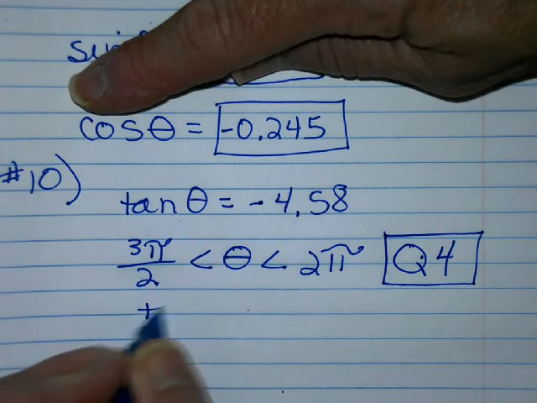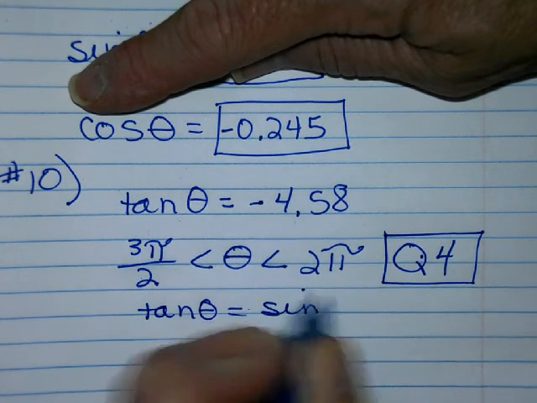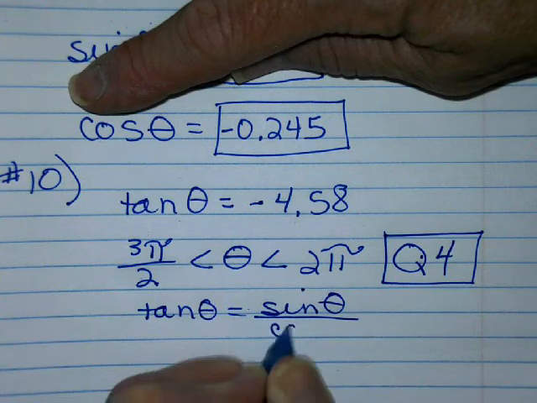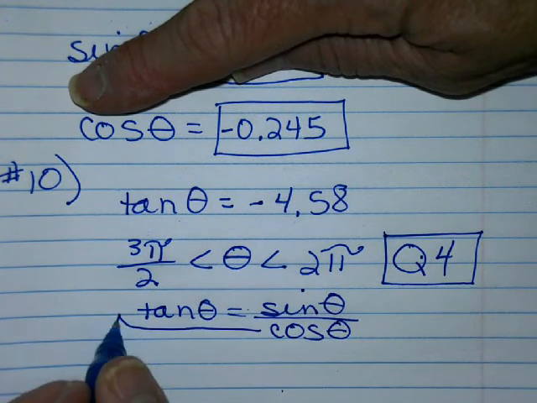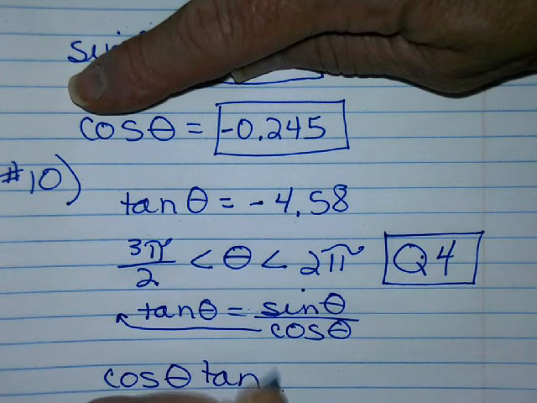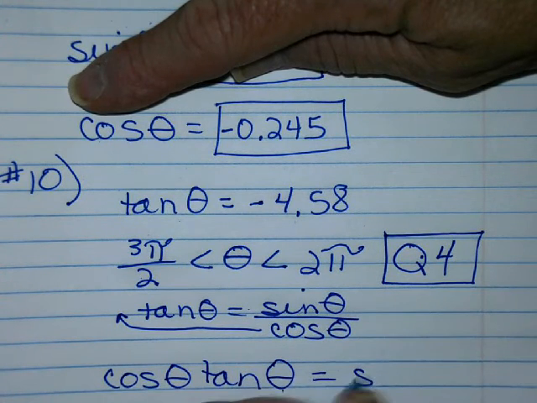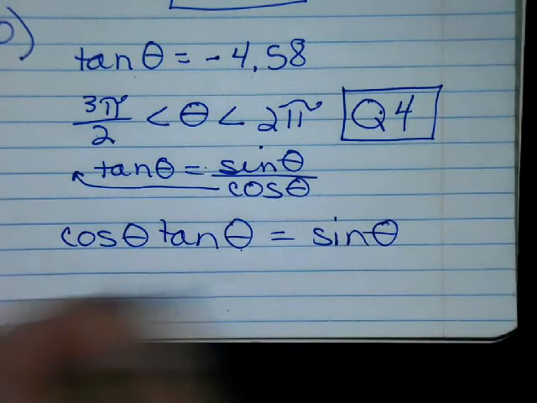So here's the, remember a tangent is the sine over the cosine. So I multiply cosine next to the tangent. And then I put it where the sine is in the formula.